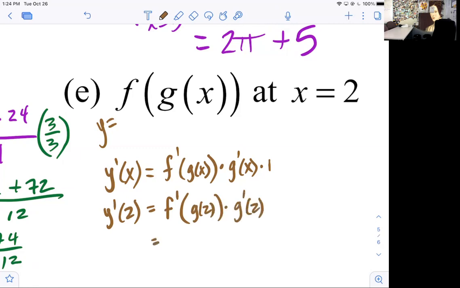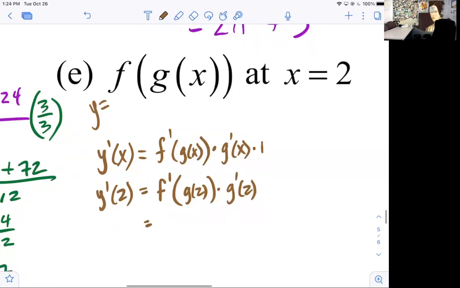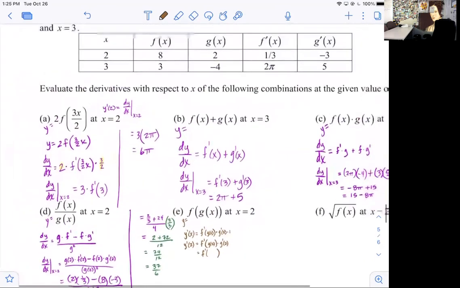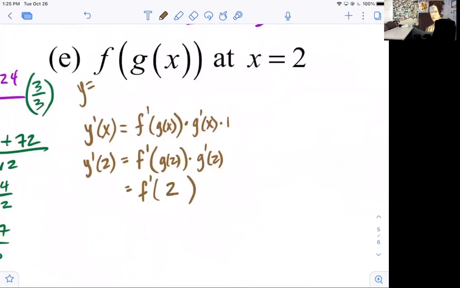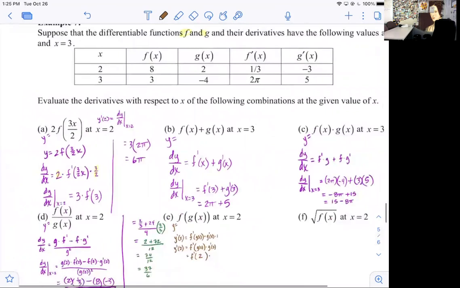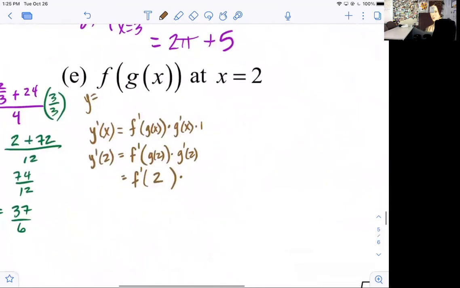So this one, I definitely will write it all out. And one layer at a time, F prime of, let's see, G of 2. Please be there. It is there. G of 2 is 2. Okay, boom. Times G prime of 2. G prime of 2 is -3. Dot -3. How's that looking, right?